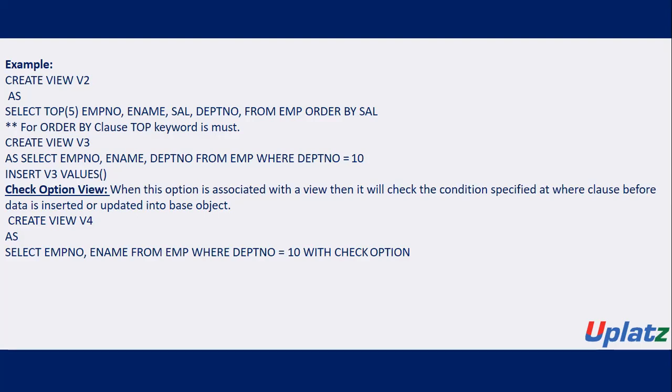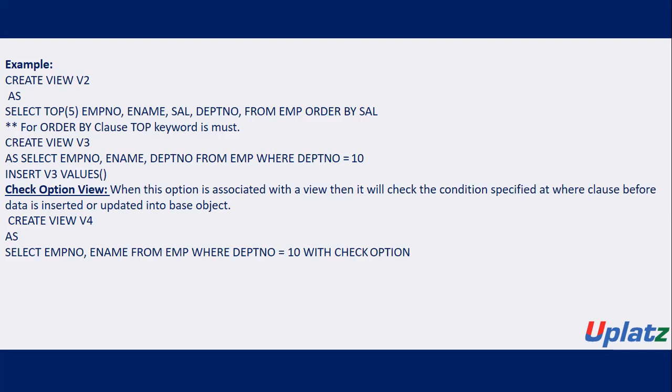That is, it will return the top 5 records containing the columns employee number, employee name, salary, department number of the table employee, and it will arrange the salary of the employee in descending order by default.